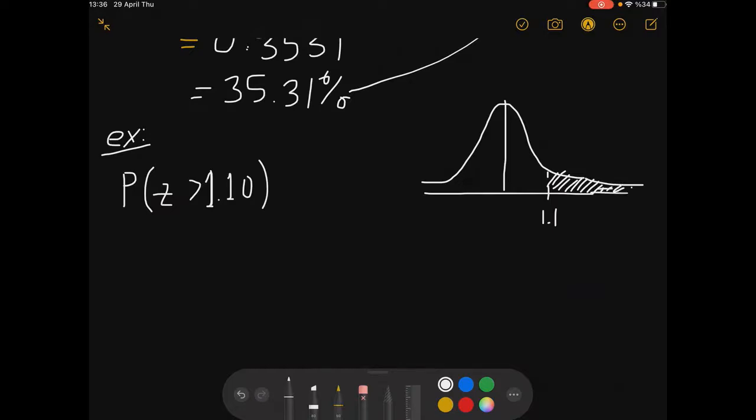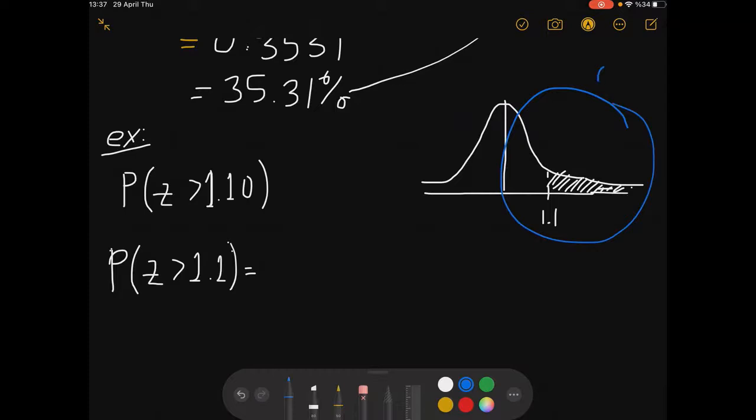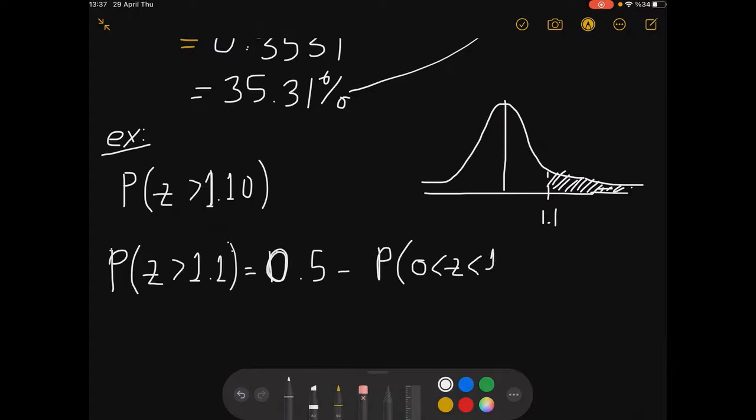The probability of z greater than 1.1 should be 0.5, this is 0.5, so that would be 0.5 minus the probability of 0 to z 1.1, because my table only calculates up to this point.